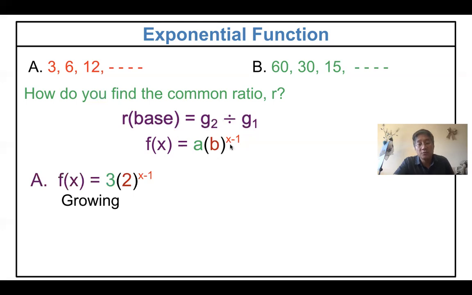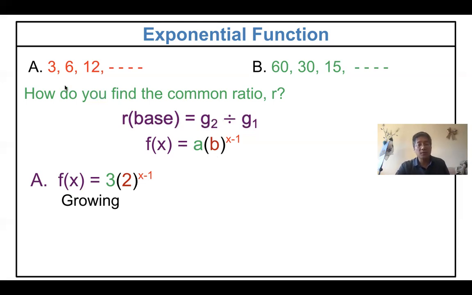So make sure you have x minus 1 here, or you will get a completely wrong answer, right? So a times b to the x minus 1 power. That's the formula. So just remember this formula.